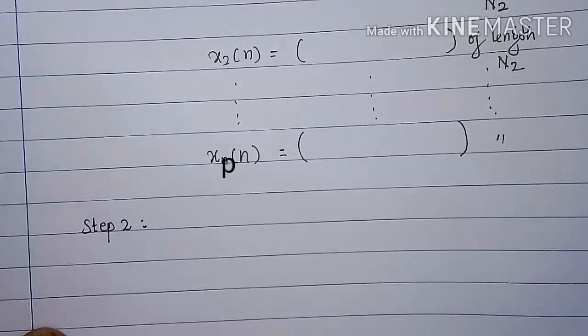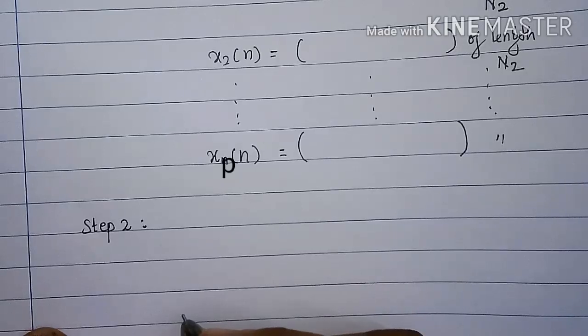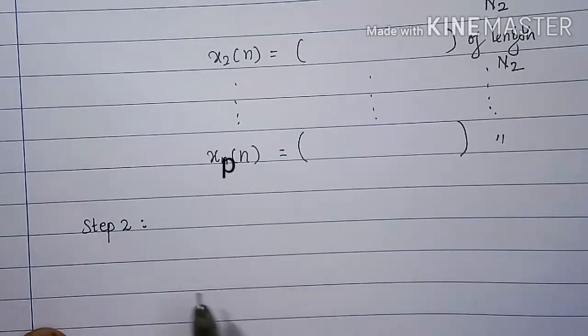Step 2. Now we have to perform linear convolution of x1 of n with h of n, x2 of n with h of n, and so on up to xp of n with h of n to get y1 of n, y2 of n, and so on up to yp of n.